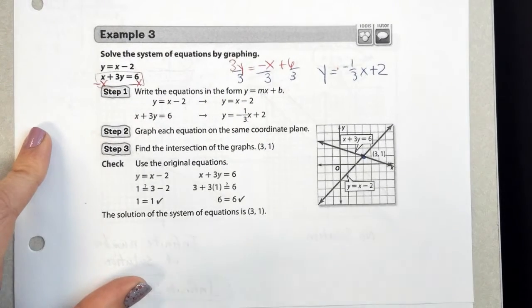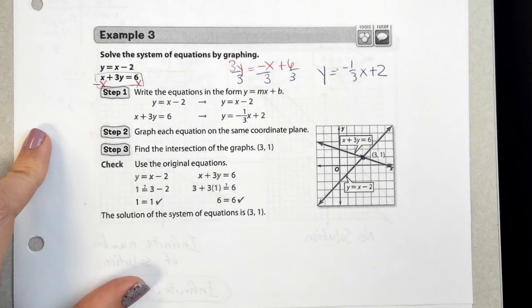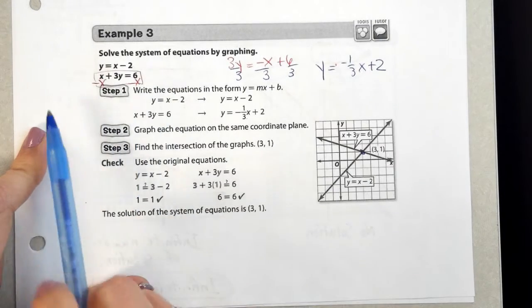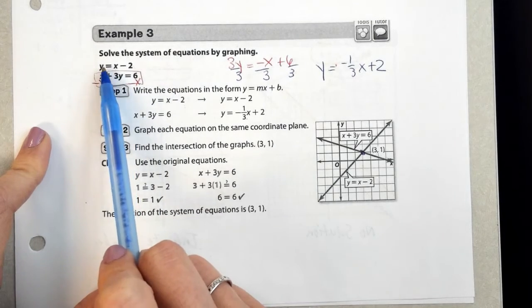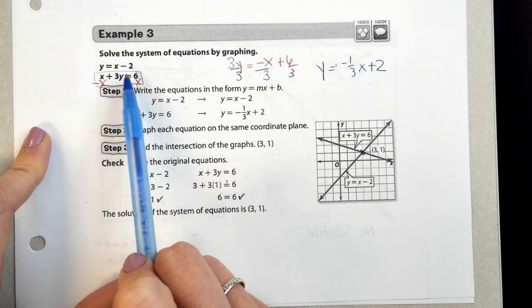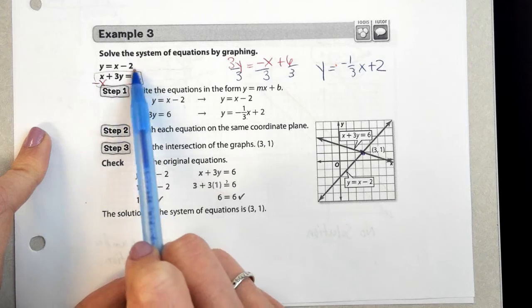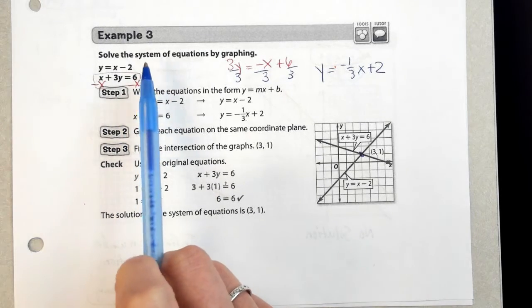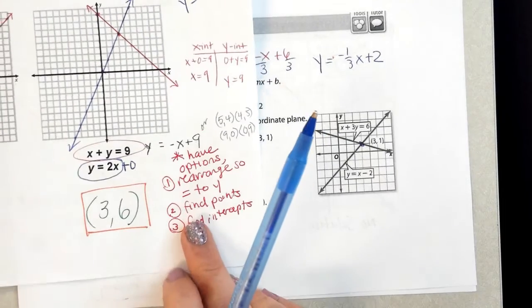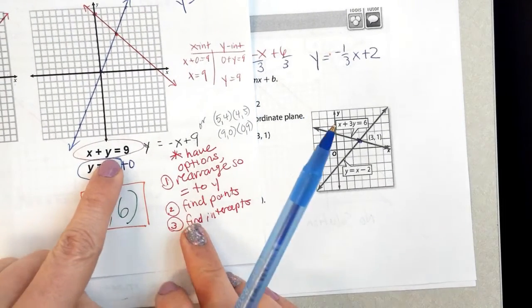The next one is just another example, except it's saying it's not always going to be solved for y. So in this example, we have y equals x minus 2, and we have x plus 3y equals 6. We need to get this in y equals mx plus b form. We already did one like that, where I said we have a couple options.